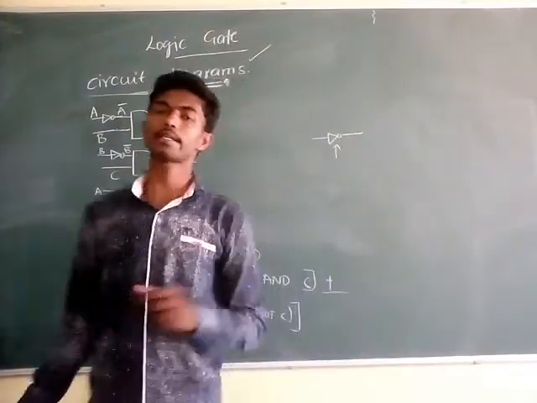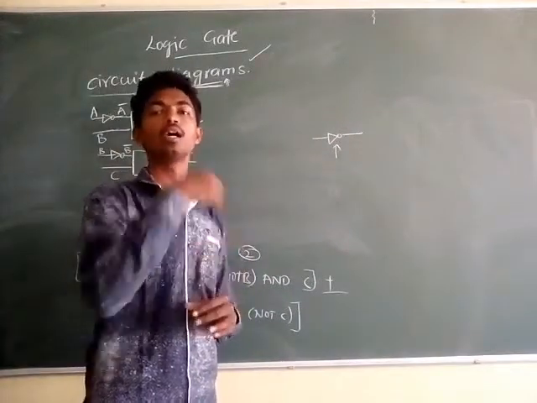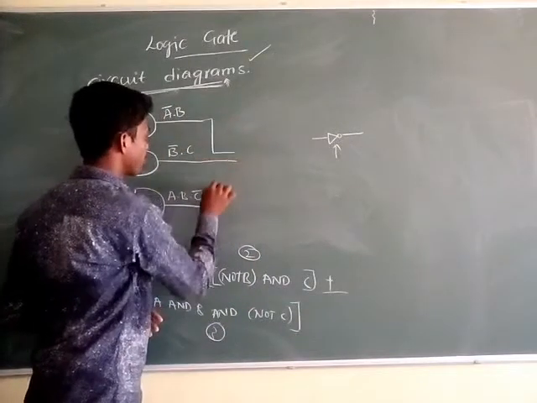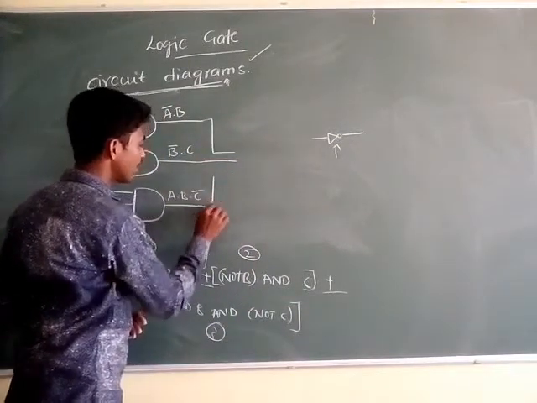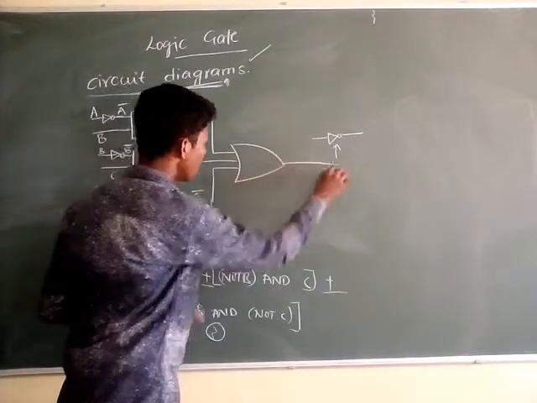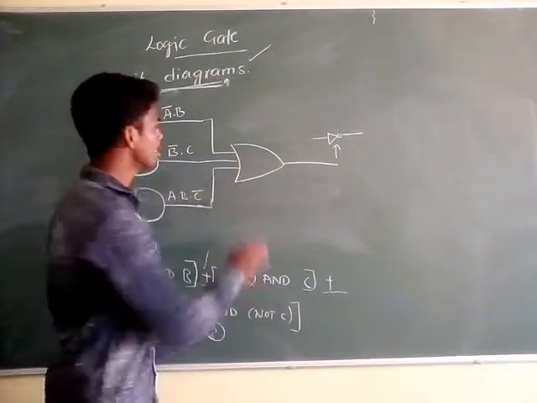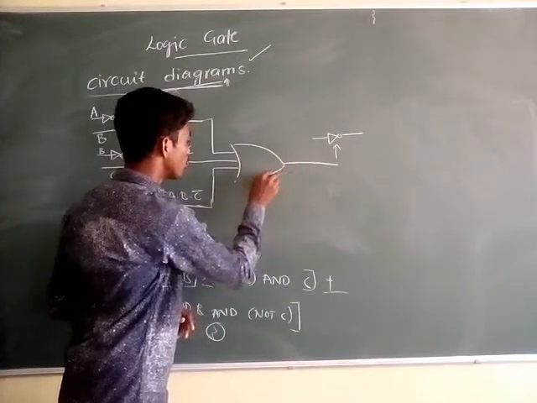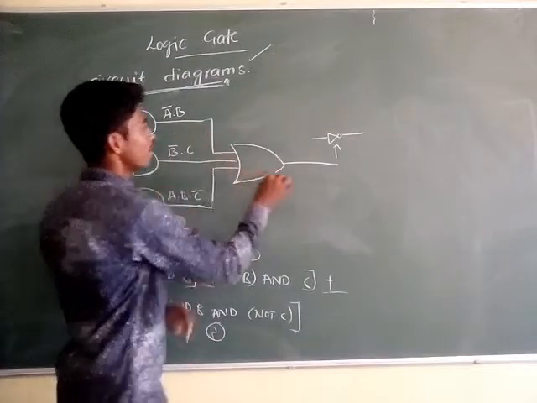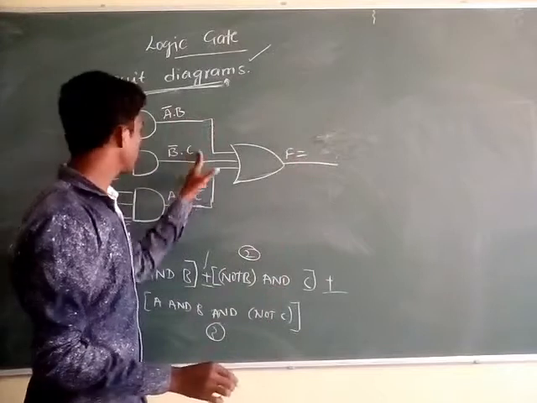So you connect these three AND gate outputs to the OR gate as its inputs. That represents the logical addition operation: the OR gate containing the three inputs, which are the outputs of the individual AND gates. This is the final answer, F is equal to, treat this as A, B, C.